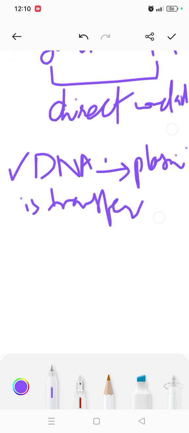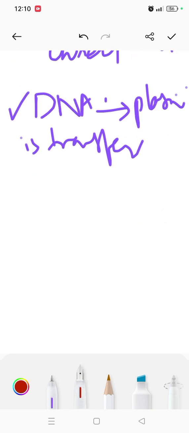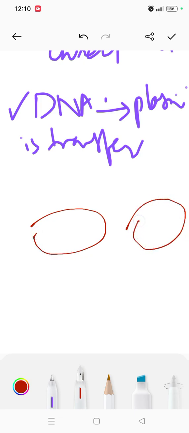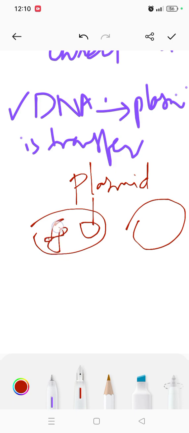So what is a plasmid? I could just make a quick picture. It's simply a structure you will see around the DNA, called a plasmid. This plasmid would be transferred, and here we have chromosomal DNA, and this becomes the donor.